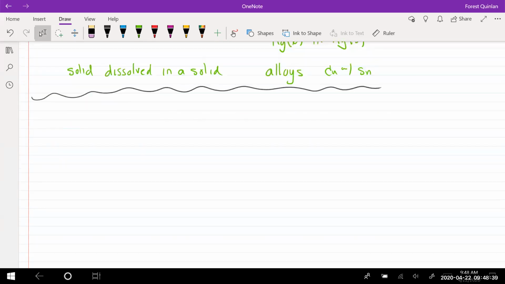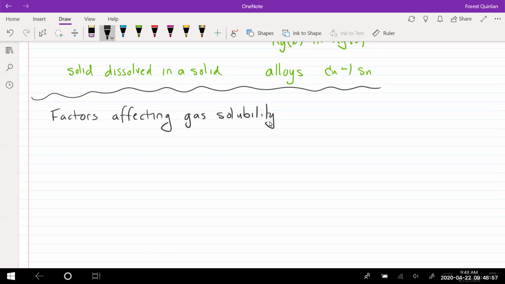So one of my longer titles ever is going to be factors affecting gas solubility in a liquid.